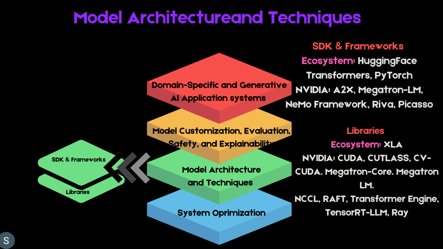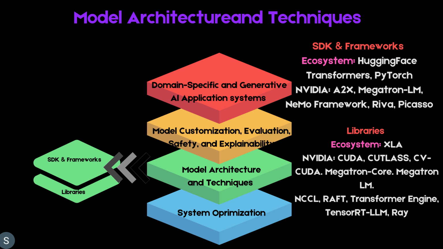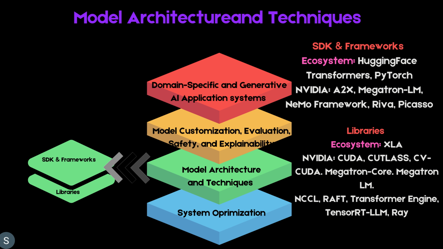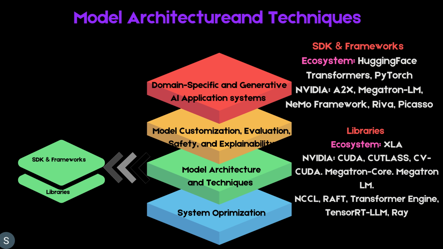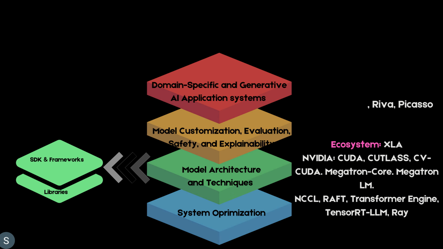On the libraries ecosystem, we have CUDA, XLA, Cutlass, Megatron Core, and Megatron-LM, and also NCCL, RAFT, Transformer Engine, TensorRT-LLM, and Ray. These are some of the libraries available on the model architecture and techniques layer.